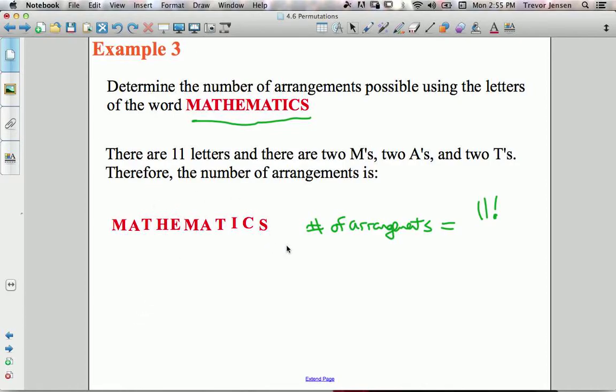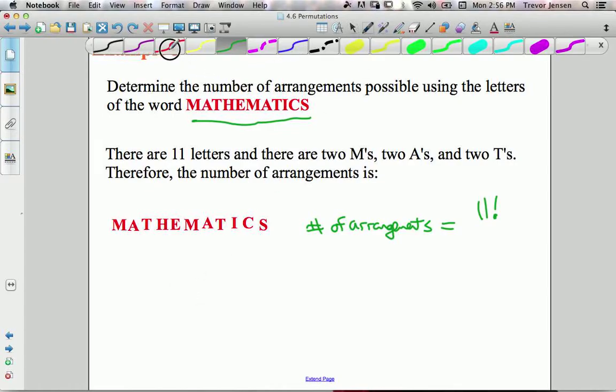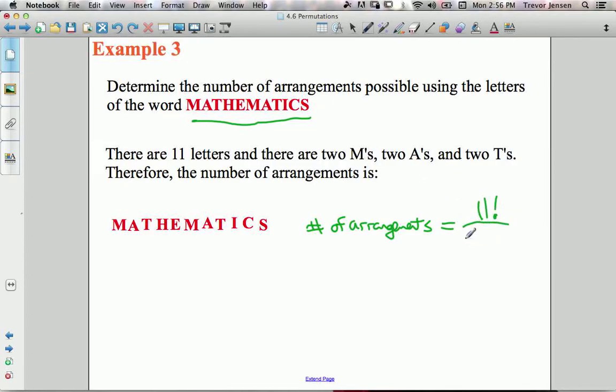So for each arrangement of the letters, so here's one possible arrangement of the letters of the word mathematics, for each arrangement, I could switch the A's and nothing would change. Because there are two A's, how many different ways could I switch those A's around? How many different ways could you order two objects? Well, 2 factorial. So I've counted each arrangement 2 factorial too many times.